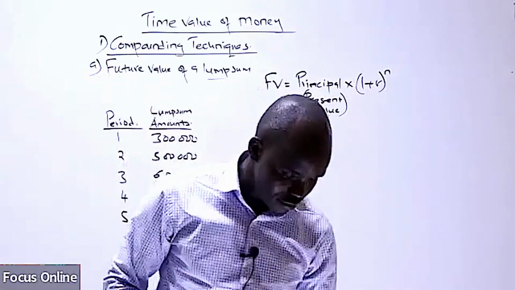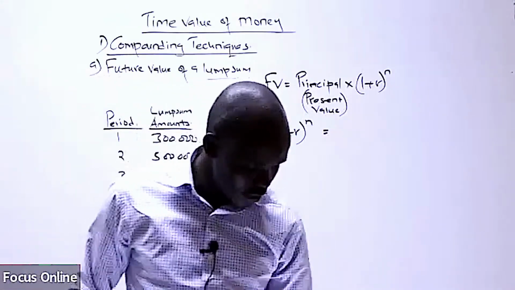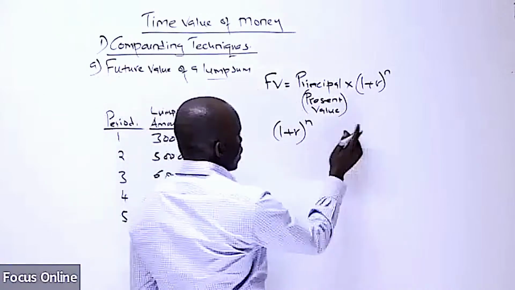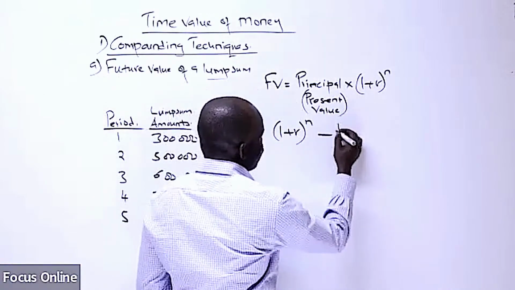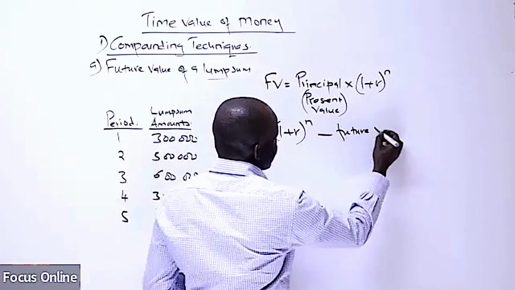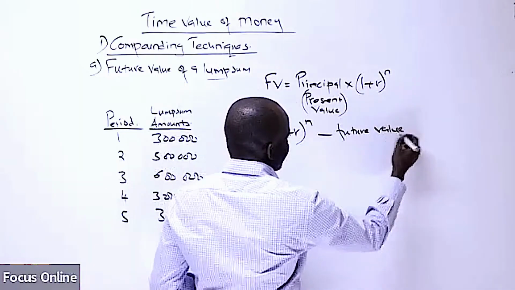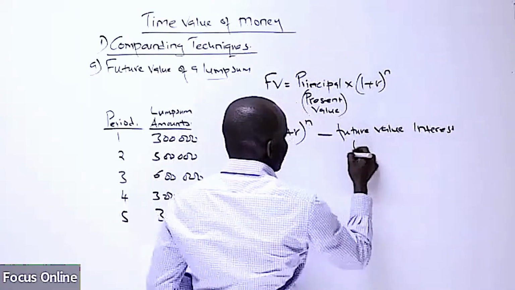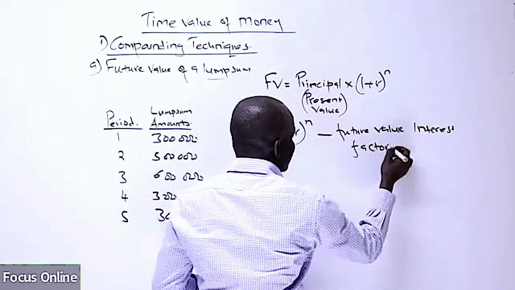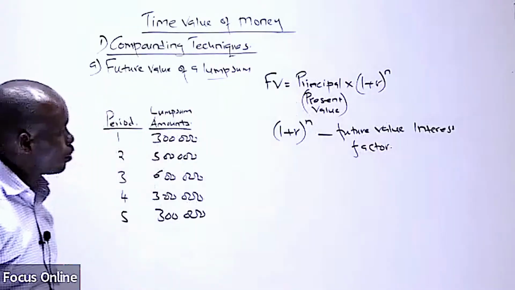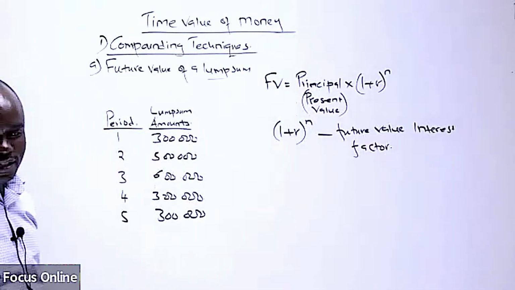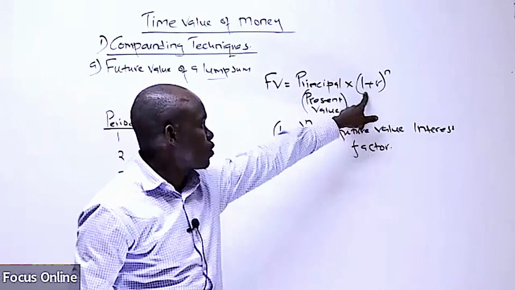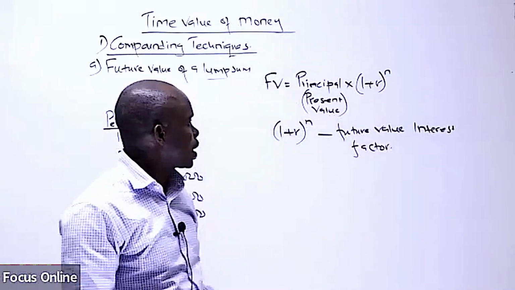It is called the future value interest factor. That factor is called the future value interest factor. This one is very important: (1 plus r) power n.